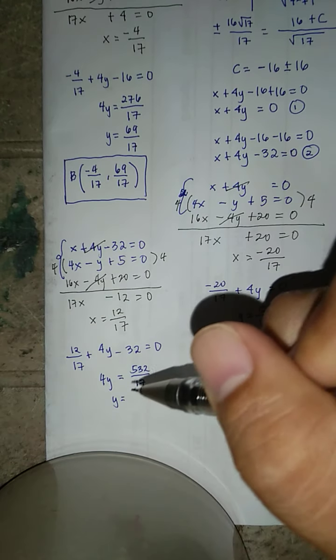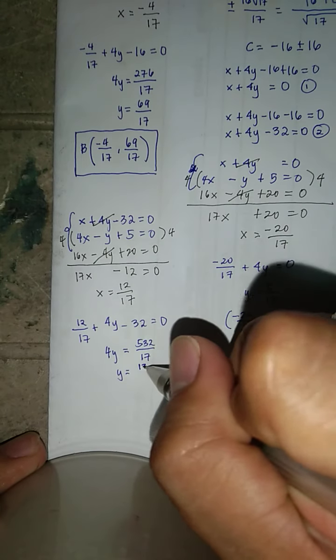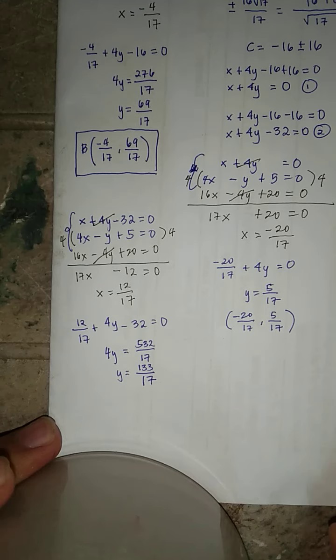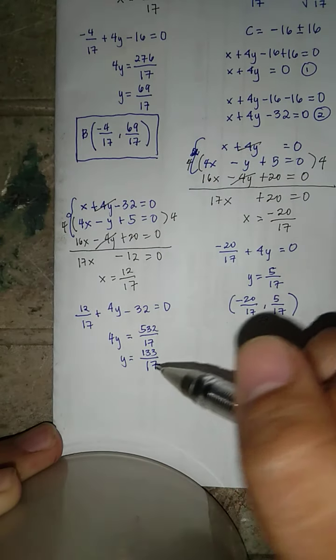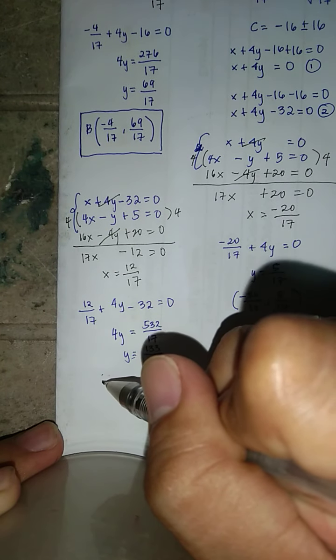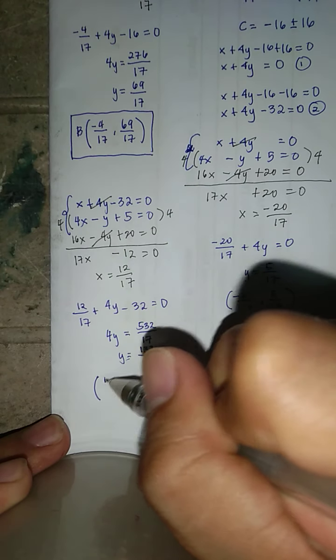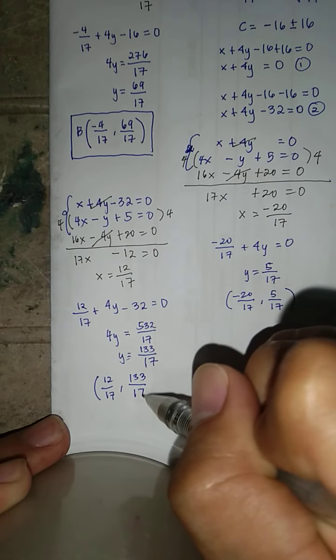Y therefore is equivalent to 133 over 17. So the coordinates of the intersection are 12 over 17 and 133 over 17.